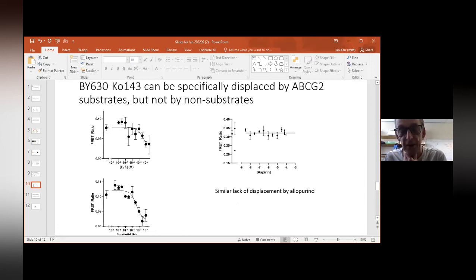There's no evidence in the literature that either aspirin or allopurinol interact with ABCG2, and we don't find that they're able to displace our fluorescent KO143, which affords us some confidence. What we are seeing is an ABCG2 specific phenomenon.